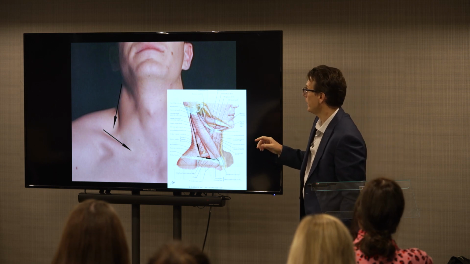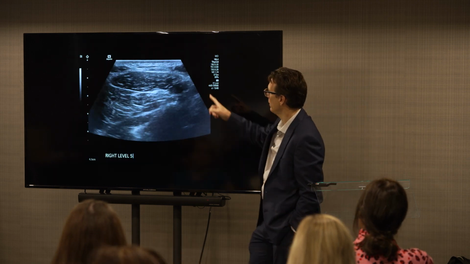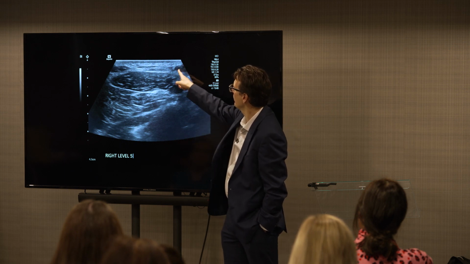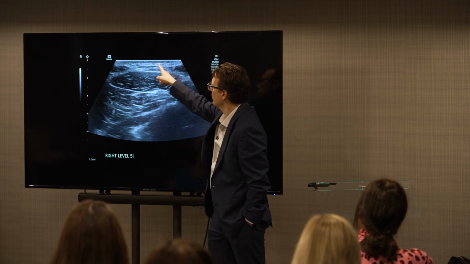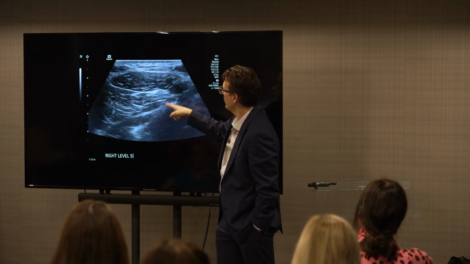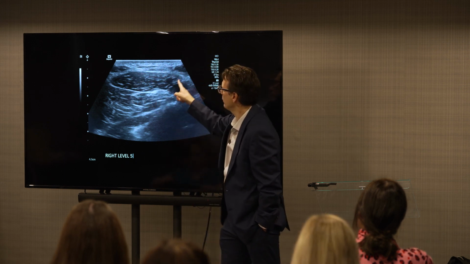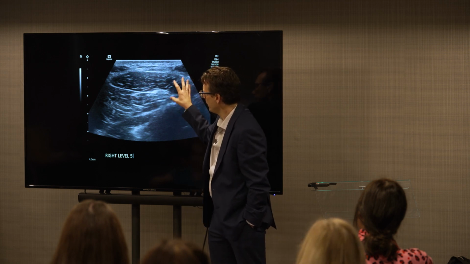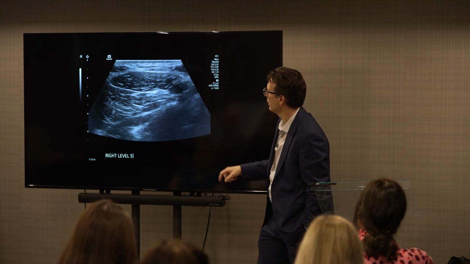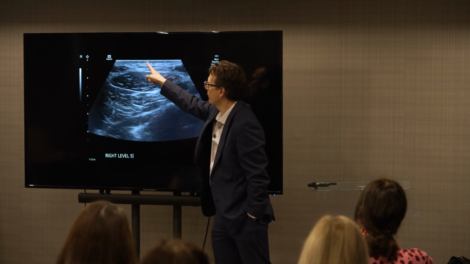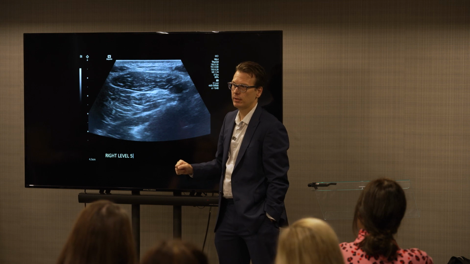So what does that look like? So right side, so that's here, sternocleidomastoid, trapezius, posterior cervical space, fat, and then you've got in the floor here, you'll have your levator scapulae and all the other muscles of the posterior triangle. Okay, so again, you're just looking in the fat here for the lymph nodes.